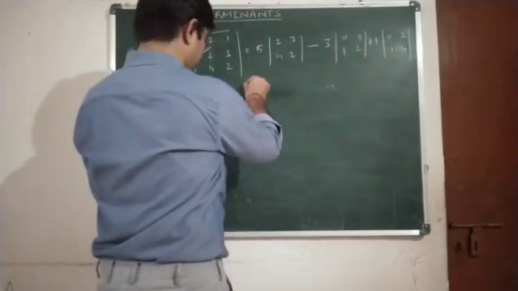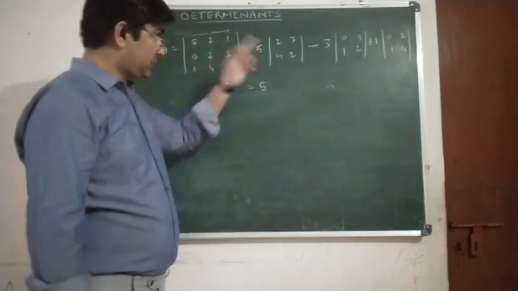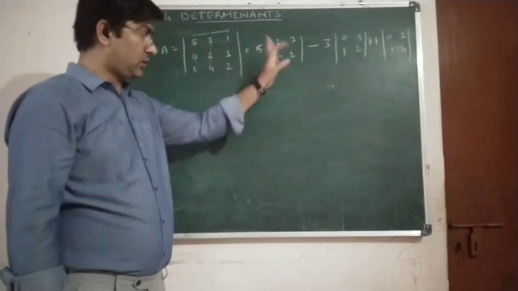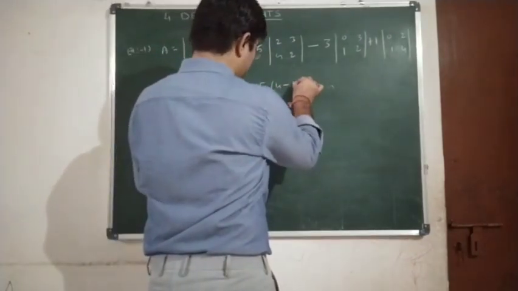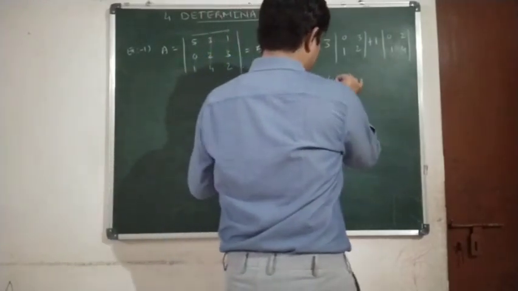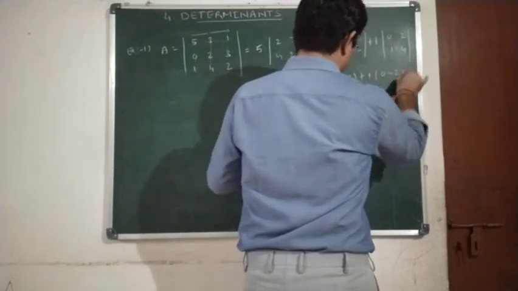Okay, now you can simplify. You know how to find a determinant of order 2. Yes or no? Multiply the product of diagonal element minus product of off diagonal element. So 2 2s are 4 minus 4 3s are 12, minus 3 into 0 2s are 0 minus 3 1s are 3, plus 1 into 0 minus 2.